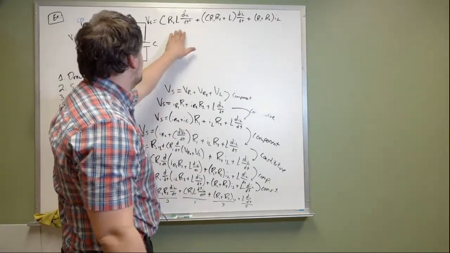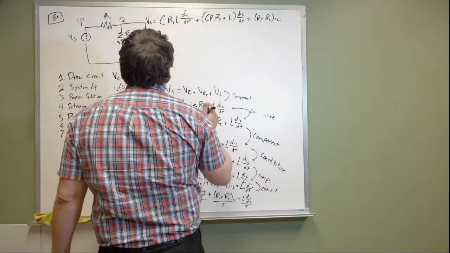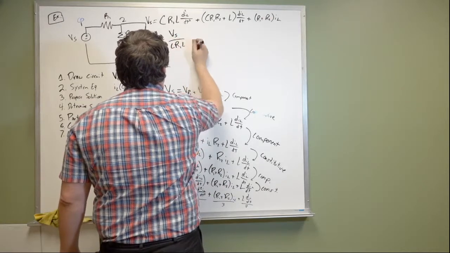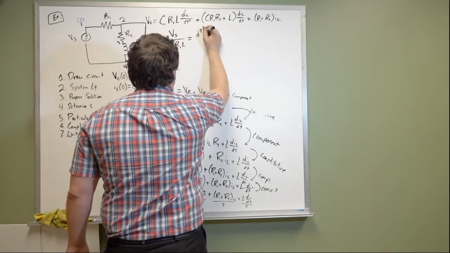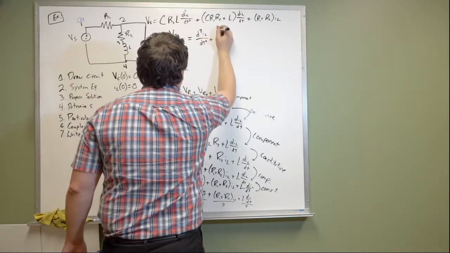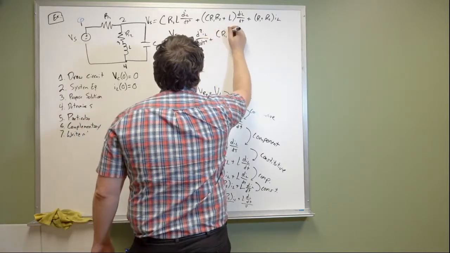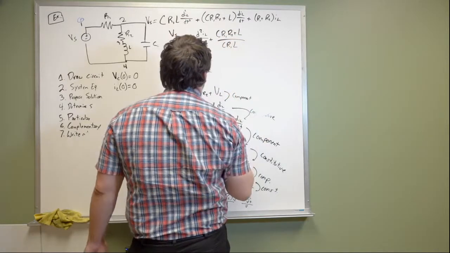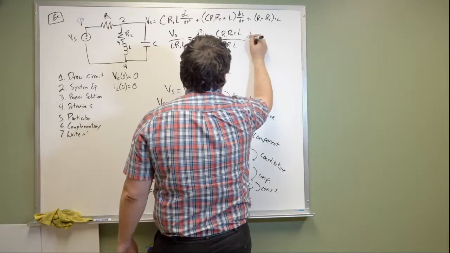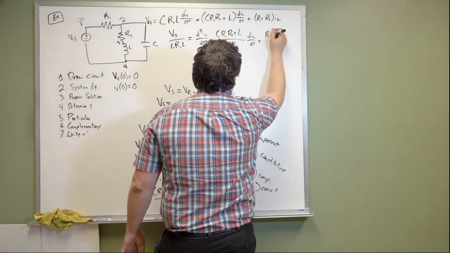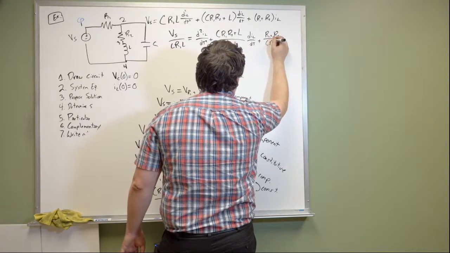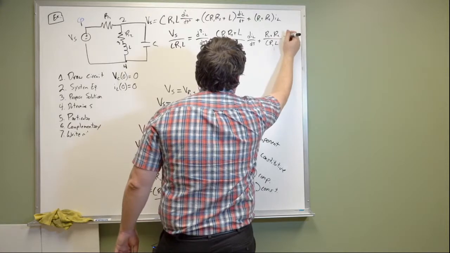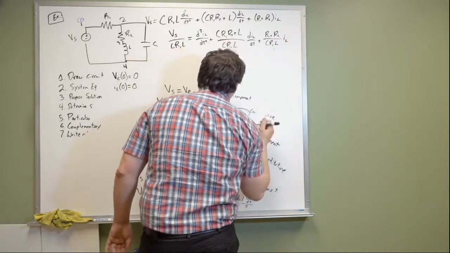So in order to do that, I have to divide everything by C R1 L. So Vs over C R1 L is equal to d squared IL/dt squared plus (C R1 R2 plus L) divided by (C R1 L) times dIL/dt plus (R1 plus R2) over C R1 L, and that's multiplied by IL.